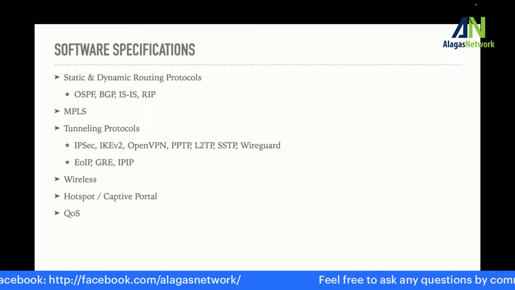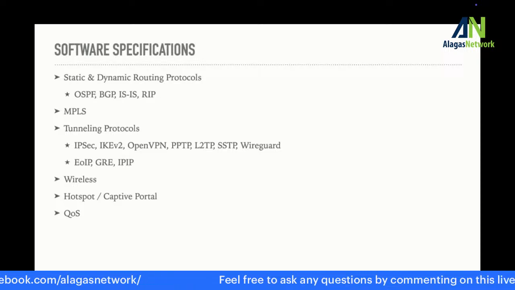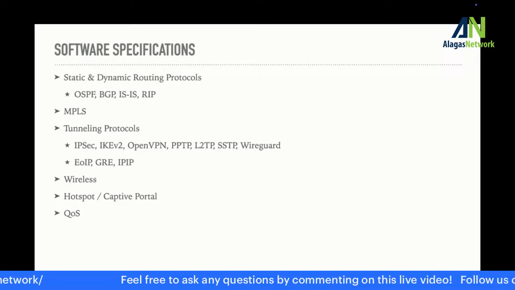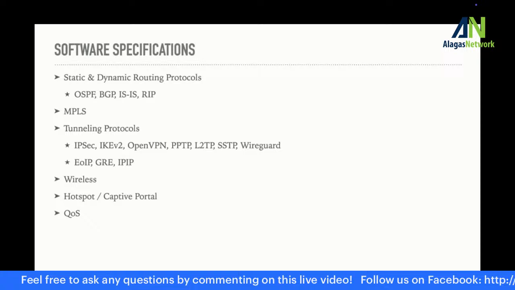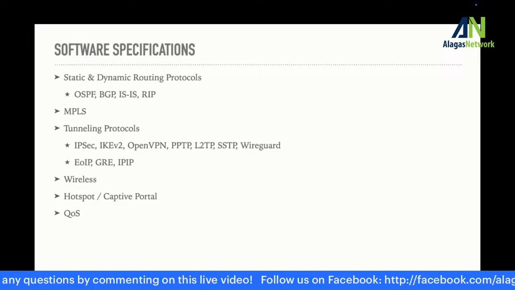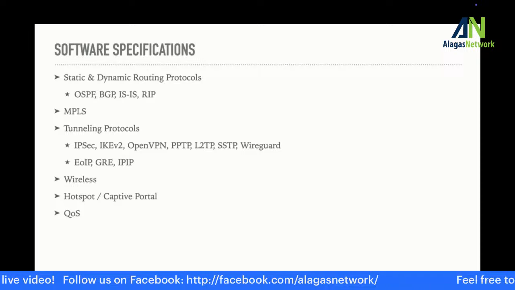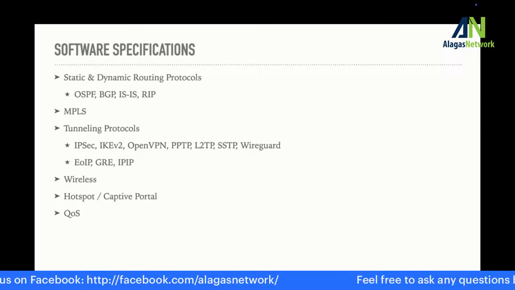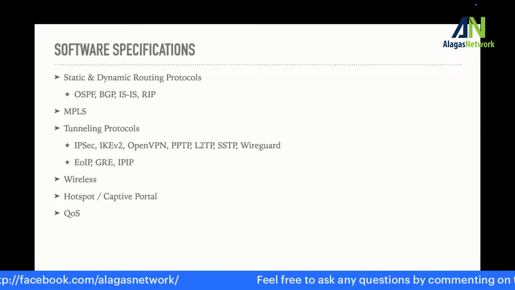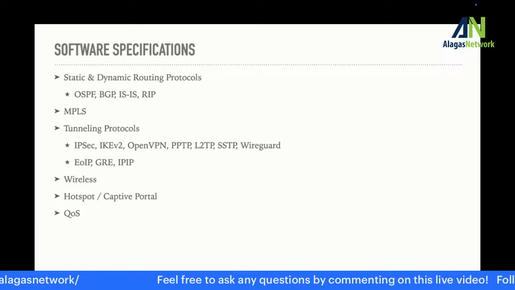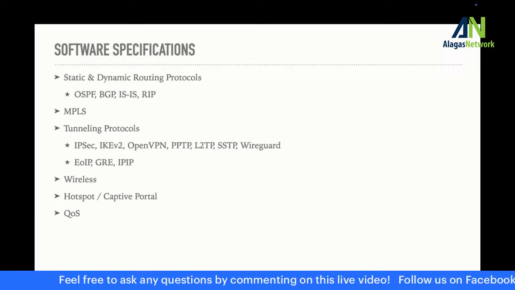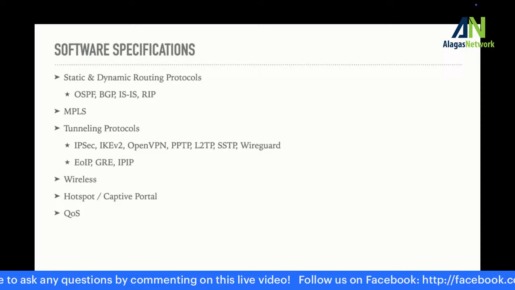And QoS. So what's QoS? Quality of service. This usually applies when you want to differentiate packets, applications, or users that are using your network and router to the internet. For example, you can specify the maximum bandwidth they can get.